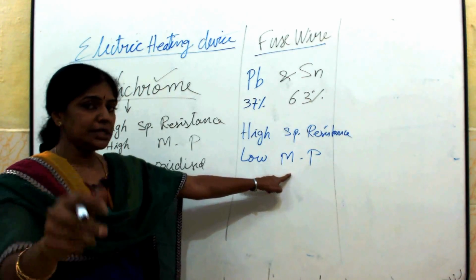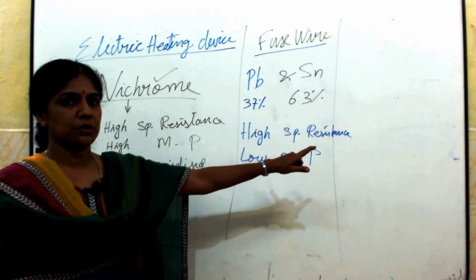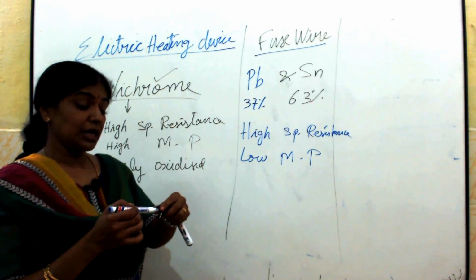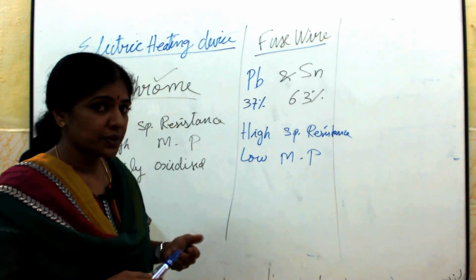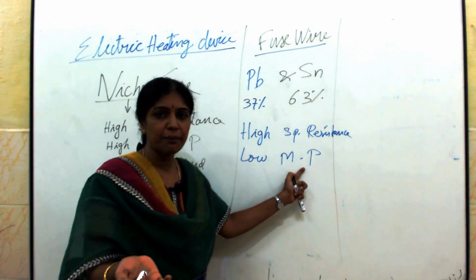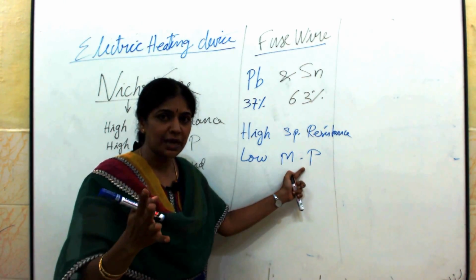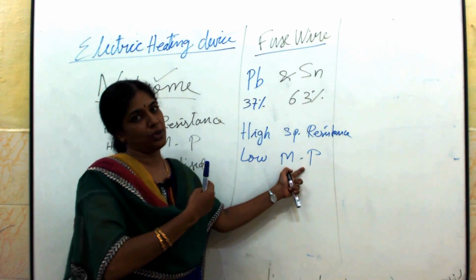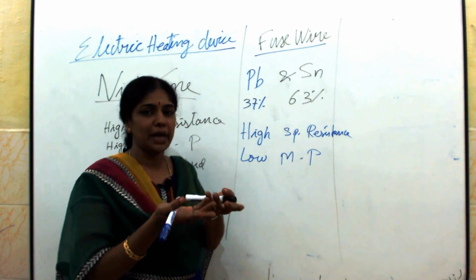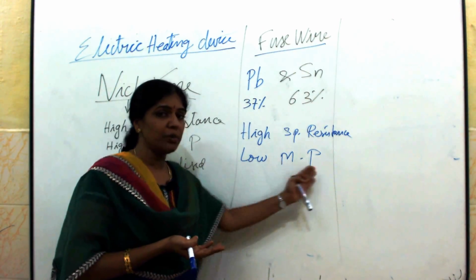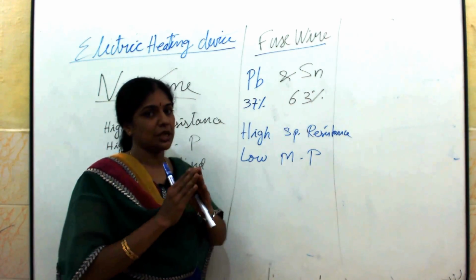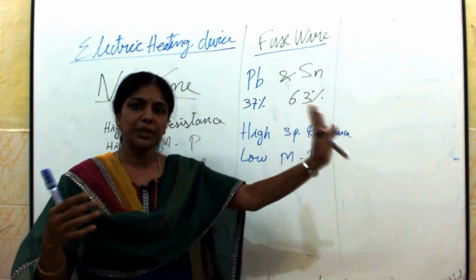Because if a large amount of current flows through the circuit, since it has a low melting point, it can't withstand that large current flowing through it. So it immediately melts, the circuit breaks and it becomes an open circuit.